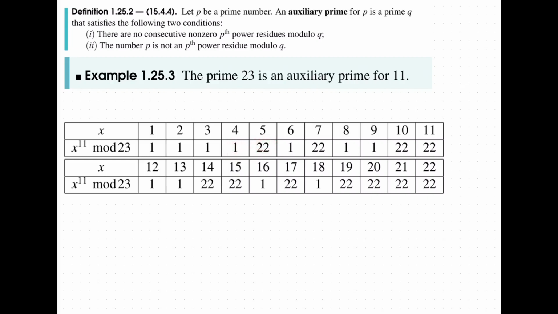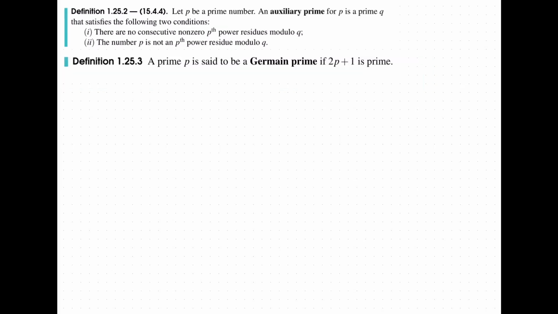In this case, 1 and 22 are not consecutive, so condition 1 of the definition is satisfied. And we also have that 11 is not appearing in here, so 11 is not a p power residue. And so we do have that 23 is an auxiliary prime for 11.